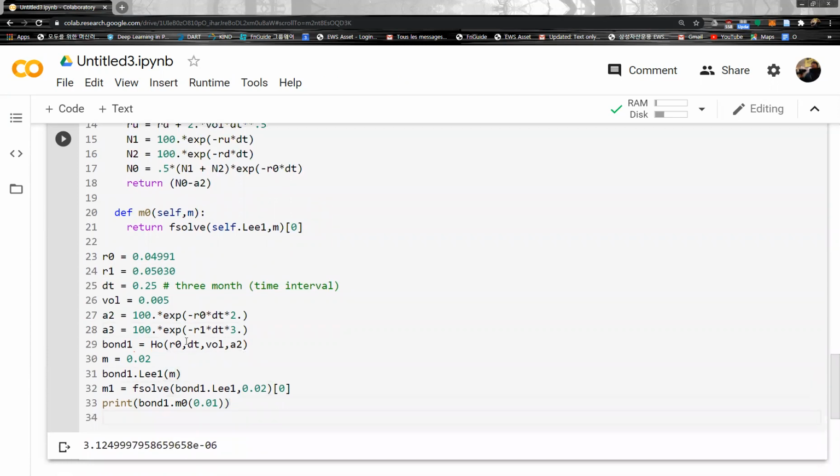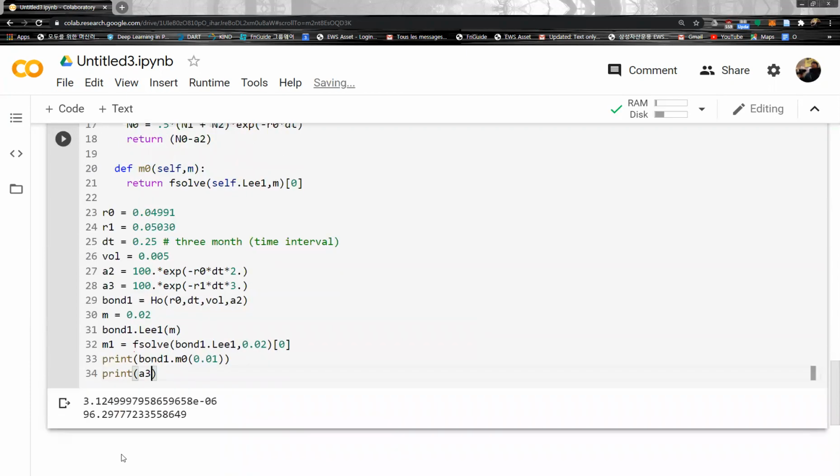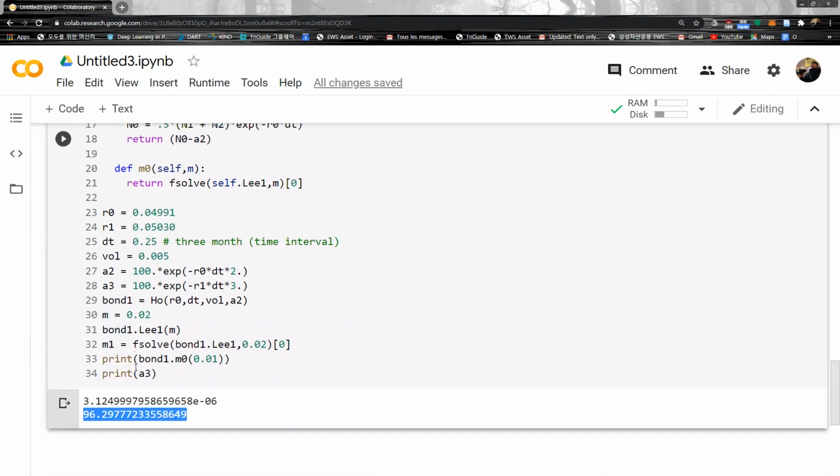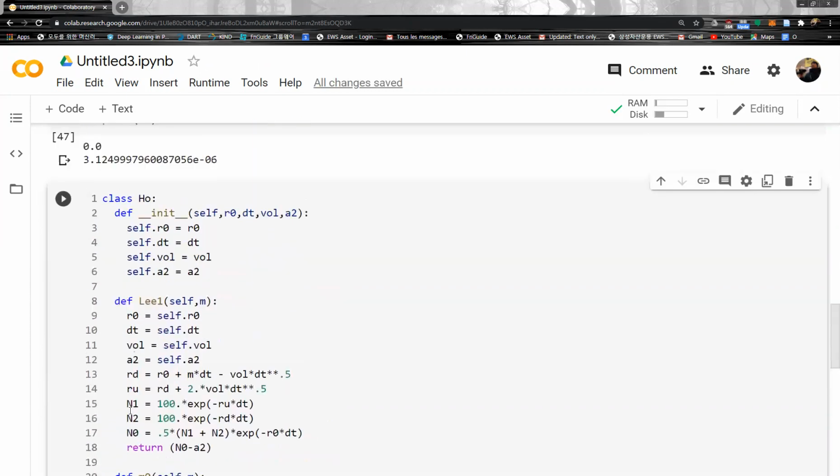Print A3. Okay, the price is this one. So the value of a contract that pays you $100 9 months later looks like this.